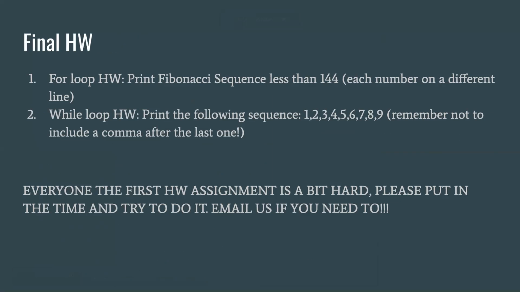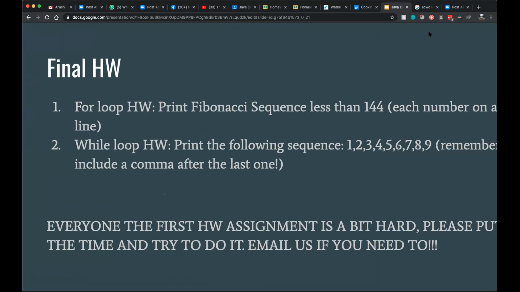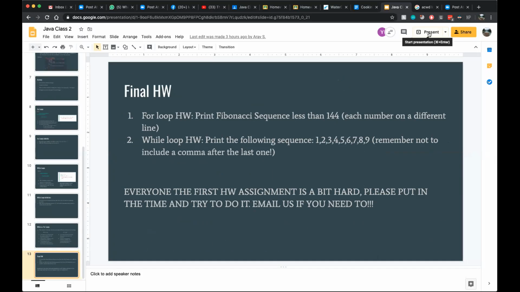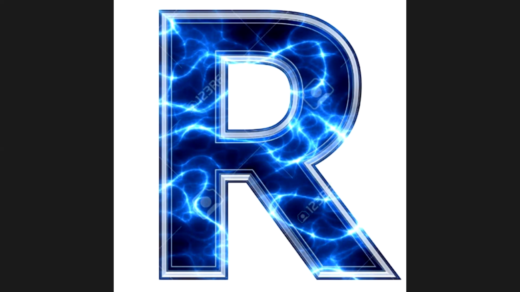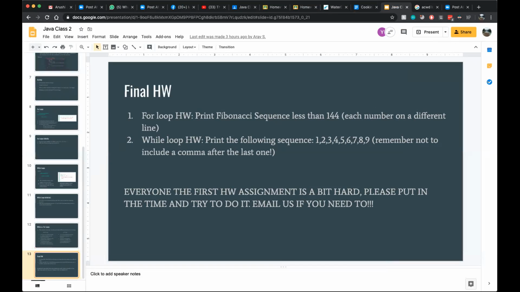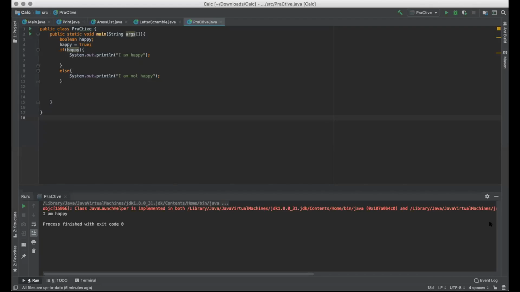What I want you guys to do is create an if statement inside an if statement. So here, let me show you what I mean. Do a loop where you say if some integer value is less than or equal to 5, then do another if else statement, and if it is less than or equal to 4, then do something, and if it's 5, then do something else.